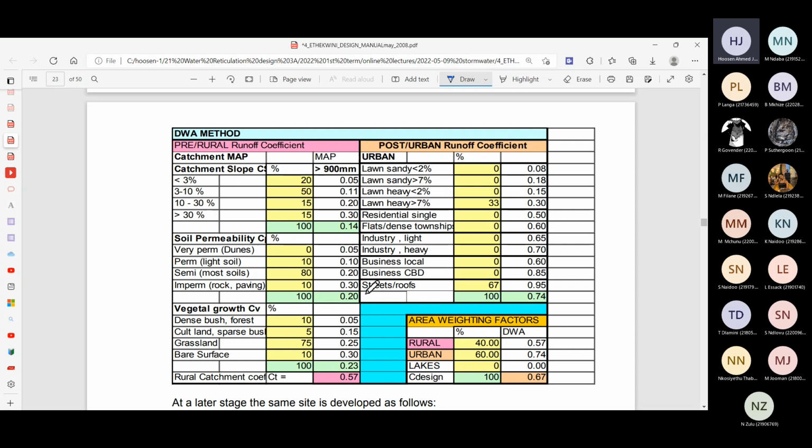If you, as a design engineer, have walked the site or visited it, you would have some idea from the kind of terrain there, more or less what the soil permeability would be.